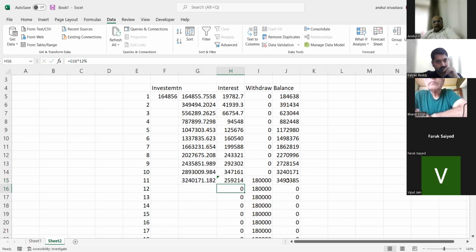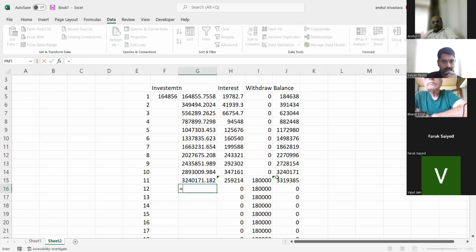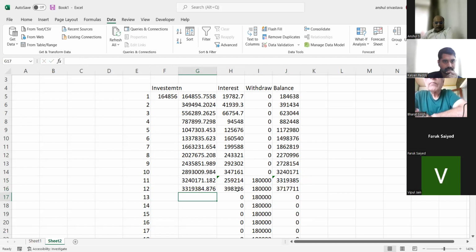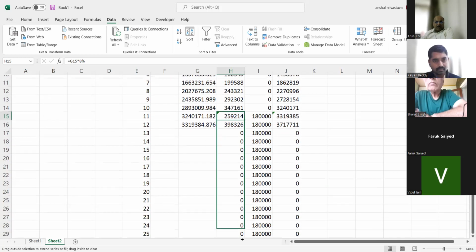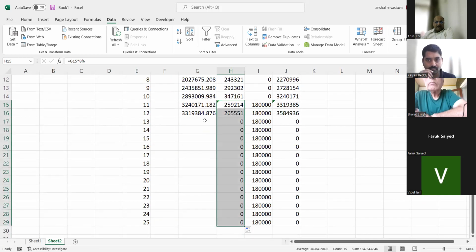Your new formula would be this plus this minus this. This will be your balance. Got it? Then you will drag it like this.